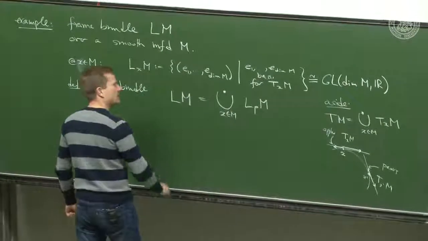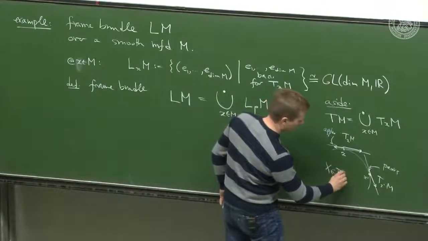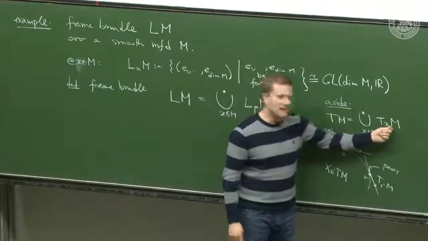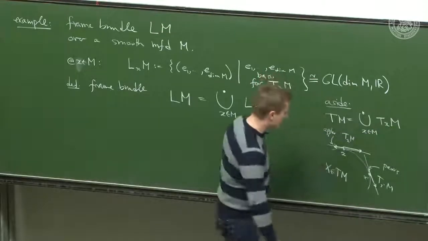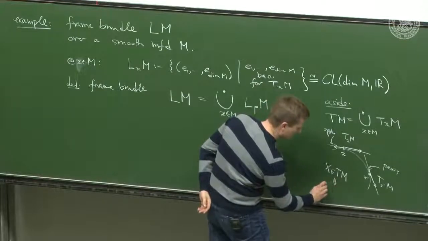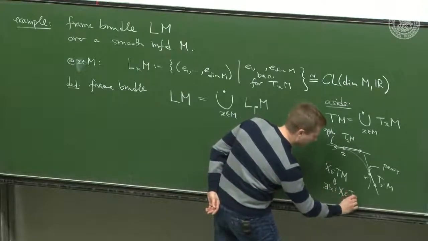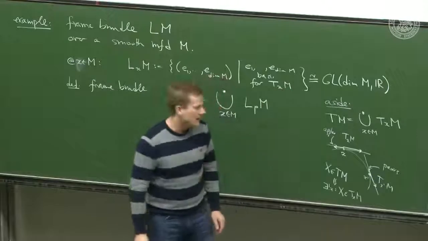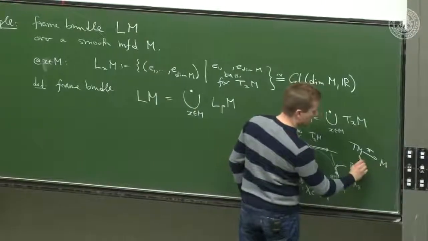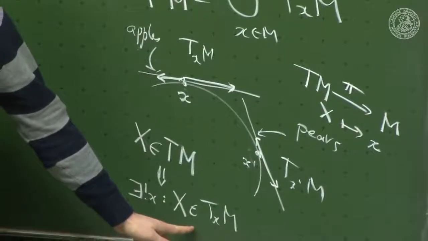So that means if I take an element X from the tangent bundle, it is a vector. The X is a vector, but nevertheless, I always know, if it's from here, then there exists a unique x such that X comes from T_xM, and hence I can define a map, a projection map, that takes an X and assigns to it the small x, which is the base point where it comes from.